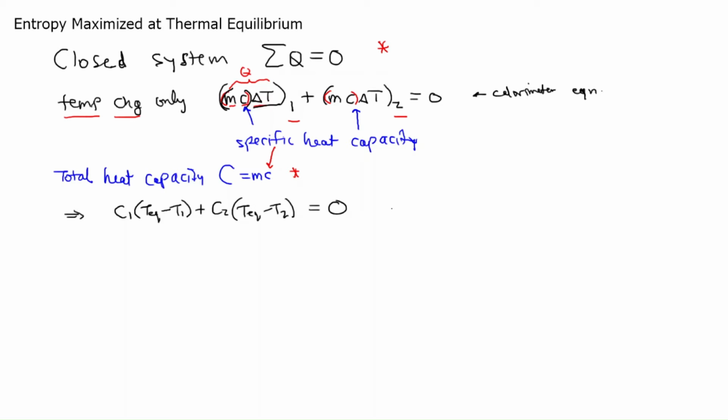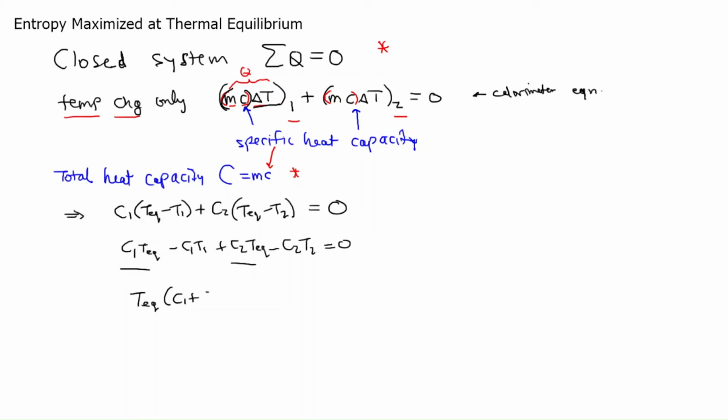This gives us a formula we can solve for that equilibrium temperature. Other than this being fully symbolic, this is probably not anything too new to you. You've probably solved equations like this. The goal here is to solve for this equilibrium temperature.